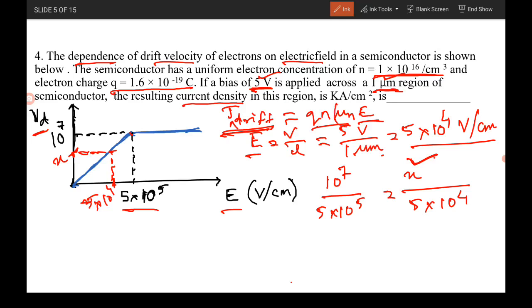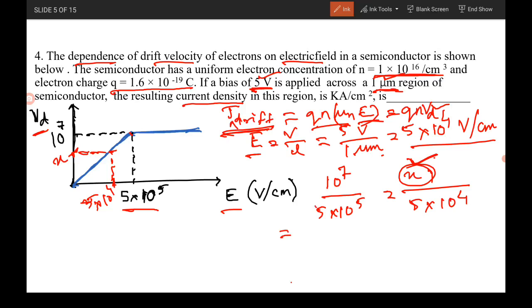We have to find the drift velocity in order to find J n drift. That is, we have to put the formula with Q and V d, or V drift. So here V d is nothing but x. So let's first find out what our x is.